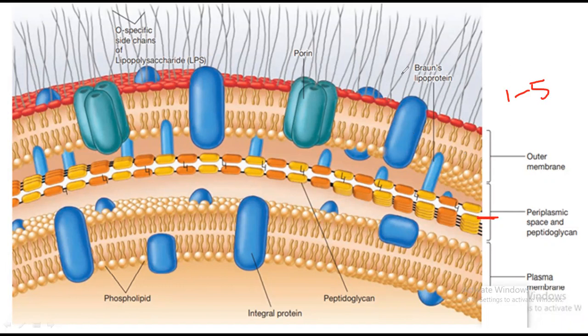It lies after the outer membrane. So keep this in mind: in gram-positive bacteria, it is the outermost layer, but in gram-negative bacteria, it lies after the outer membrane.